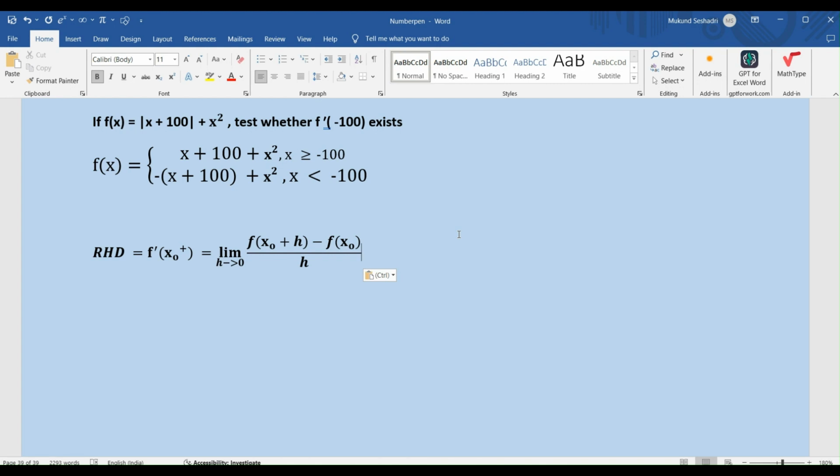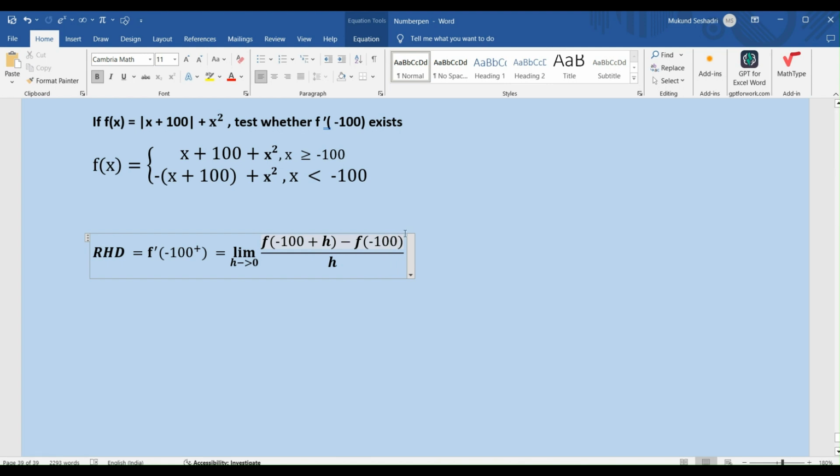And what is my x naught in this case? My x naught is minus 100, right? So I can replace x naught with minus 100 plus h, and there we have our expression on the screen.